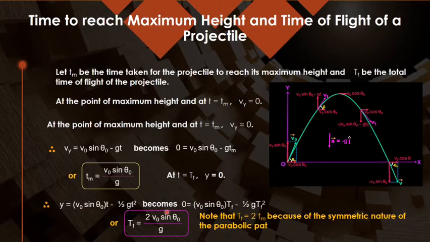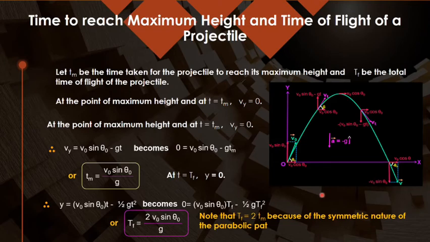So you can put in the values and get it directly. Total time of flight is equal to 2 times v naught sine theta naught divided by g, which is double the time of ascent. That further proves that time of ascent equals time of descent.